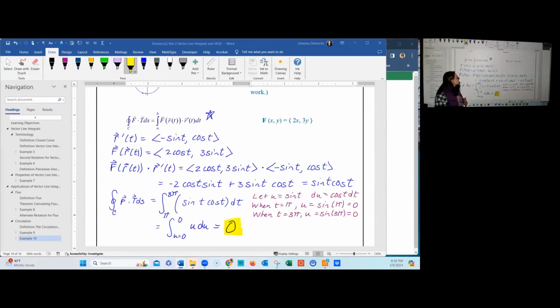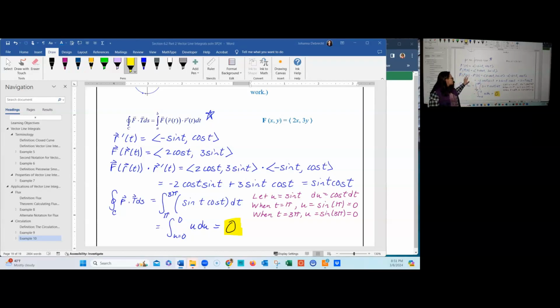Since our parameterization is cosine t, sine t, the derivative becomes negative sine t, cosine t. Then we can compose the vector field with the parameterization f of r of t, replacing x in 2x with cosine of t to get 2 cosine t, and replacing y with sine of t in 3y to get 3 sine of t.